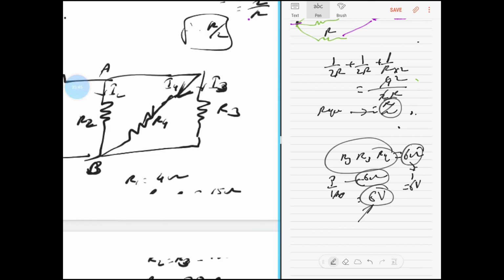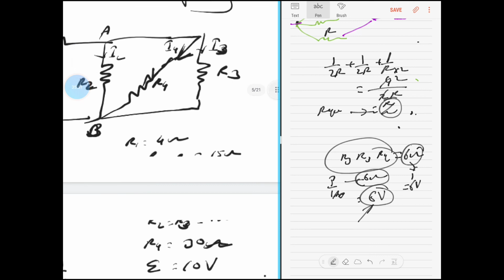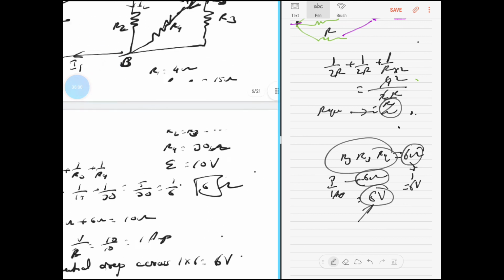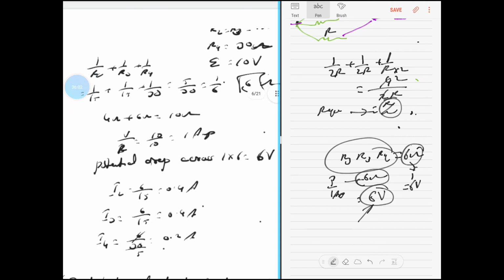The voltage is 6 volts, so I is equal to V by R, so 6 by 15, forget about R1, 6 by 15 is R2, 6 by 30 will be the current through R4, 6 by 10 will be the current through R3, etc.